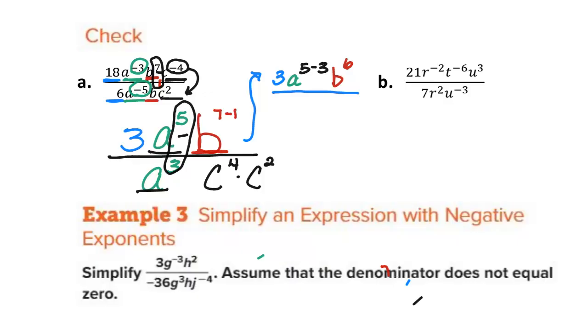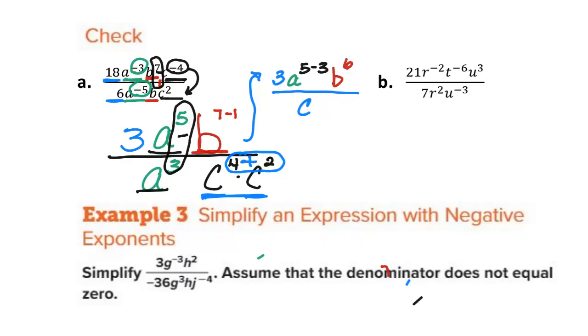And finally, I have in the denominator c to the 4th times c squared. So I have two c's, two powers that I'm multiplying. I am going to keep that base. And what do we do with the exponents when the bases are the same? We add them.